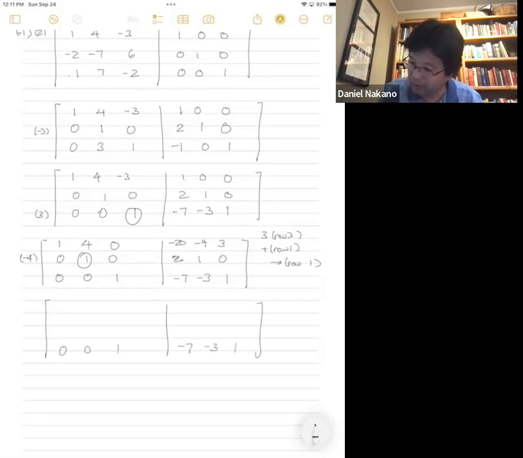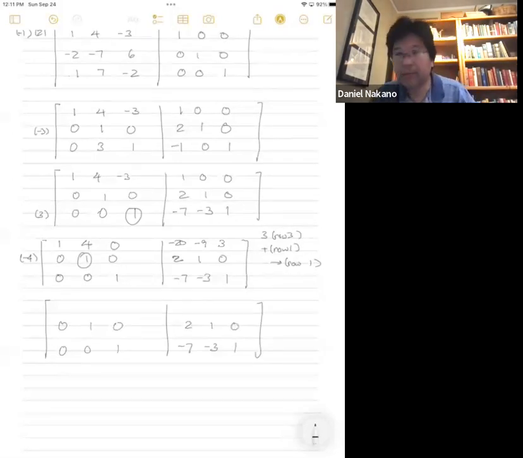And then row 2 is the same. Okay, and so all we're going to do is change row 1 now. Okay, so now let's do this. So this is going to be a 1. We're going to have a 0 here. And we're going to have a 0. Yay, we have the identity matrix.